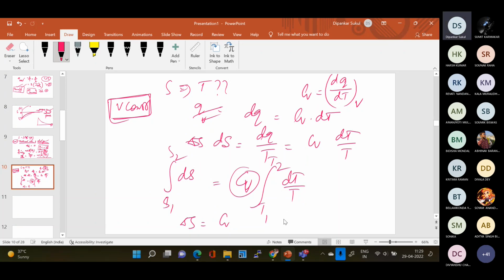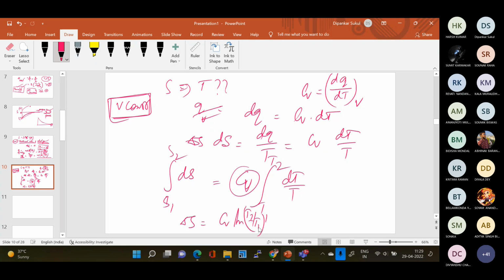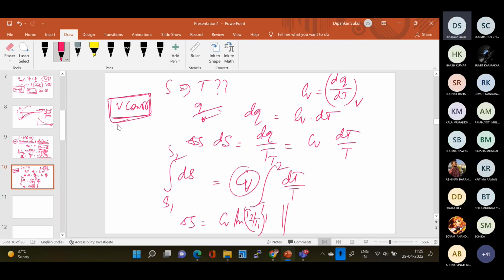What will be the integration of this? ln T2 by T1. Okay. Similarly, if pressure remains constant, then delta S will be Cp ln T2 by T1. So this is the variation of entropy with temperature, either at constant volume or at constant pressure.